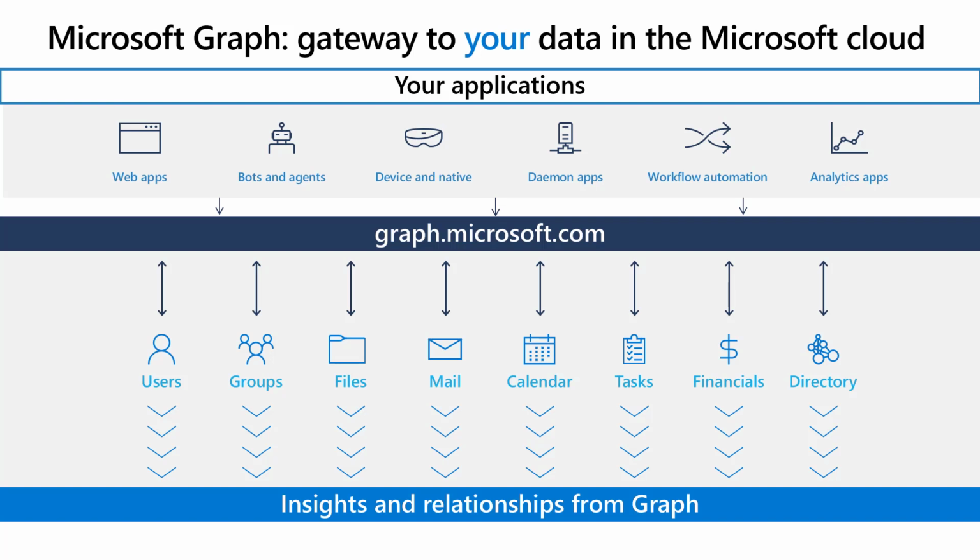Some of these scenarios can be building apps with richer content, or accessing deep insights generated from usage patterns such as trending documents, best team meeting times, or who people usually work with. Developers can also build apps with deep insights based on machine learning algorithms that power some of the Graph APIs. Also, developers can build apps with real-time updates of the data.